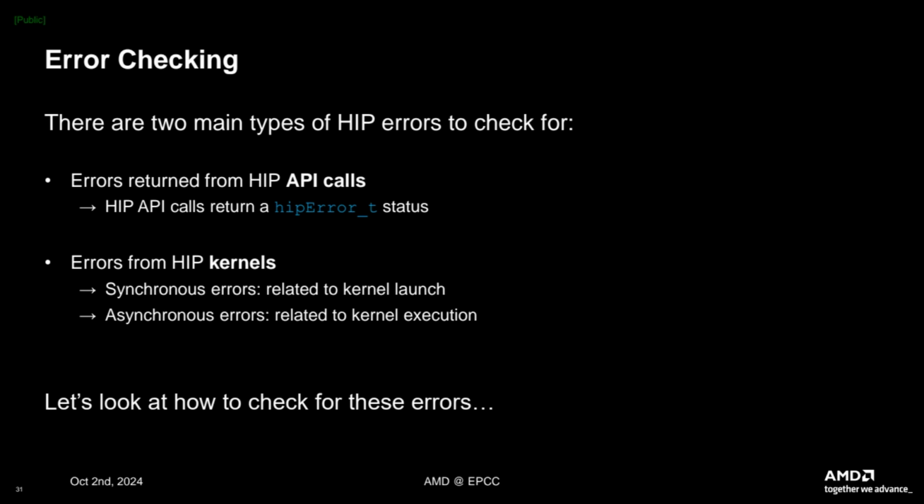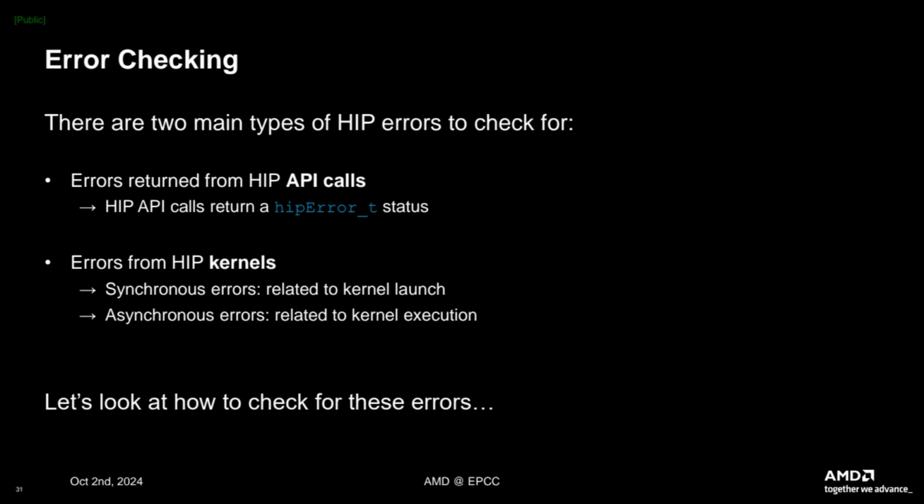Okay, so there are two types of heap errors that we can look for. The first one, which is also probably the easier to keep track of, is the type of error that's associated to API calls. And we can do that by basically checking the heap error status of every call.